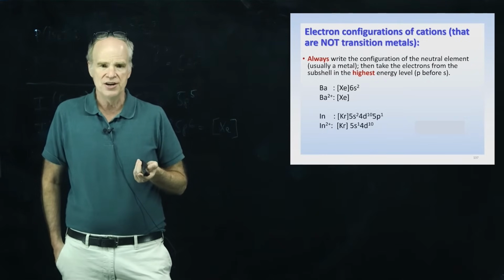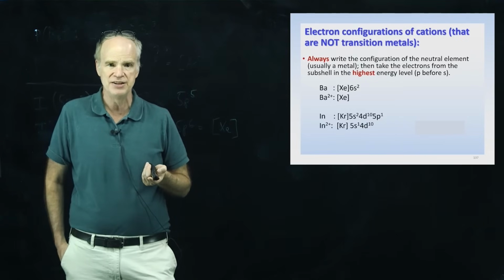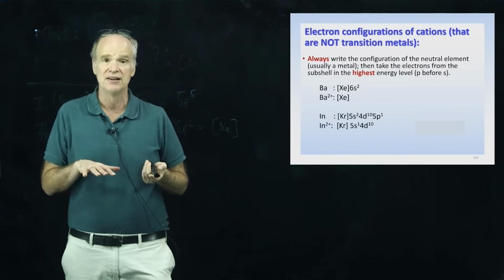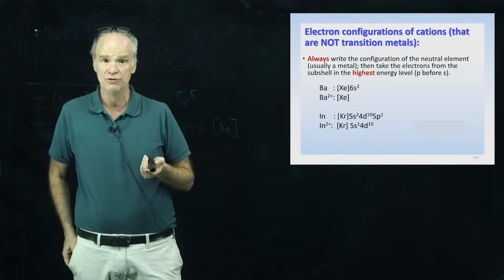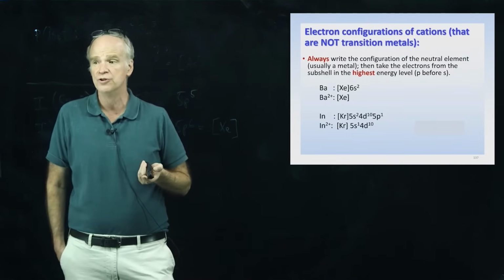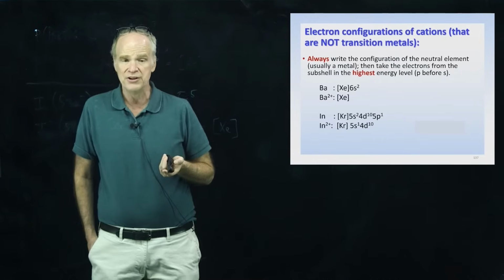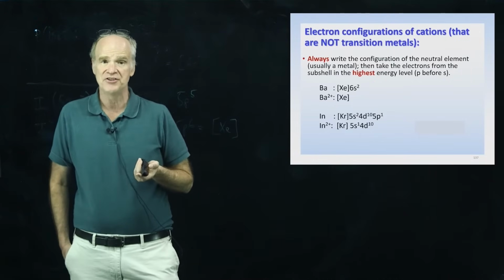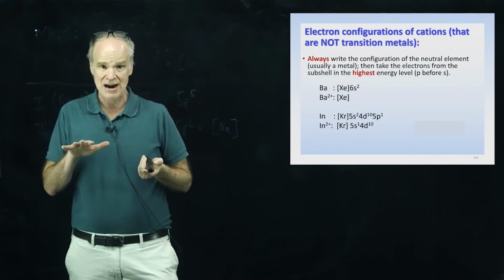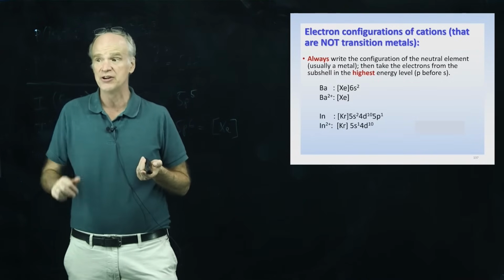Here, because the p sublevel of indium was the sublevel that was filled in last with electrons, we remove electrons from that first before we remove from the s sublevel. Importantly, we remove the electrons from the p and s sublevel, which is in the higher numerically energy level, before we remove them from a d sublevel.